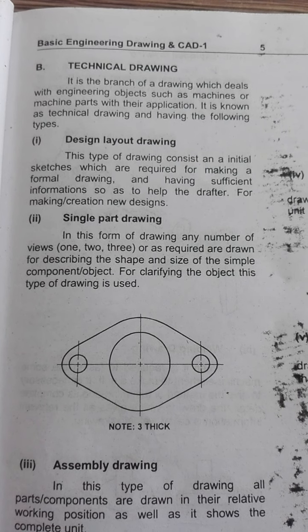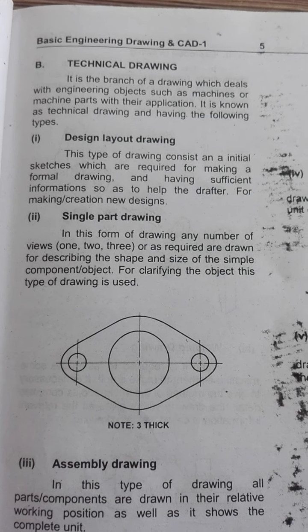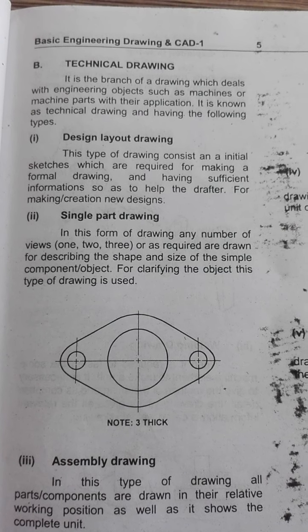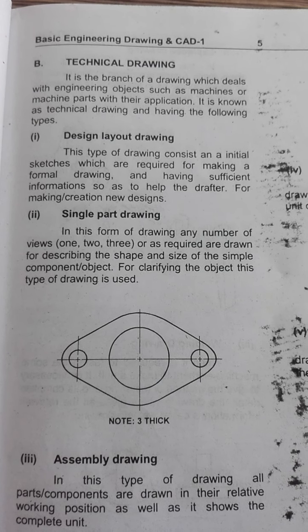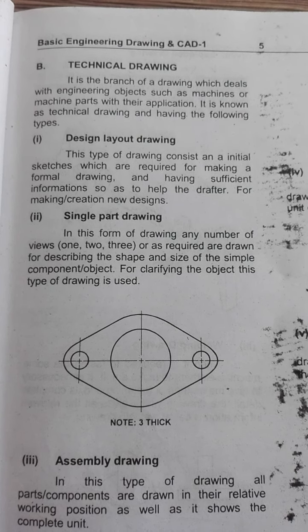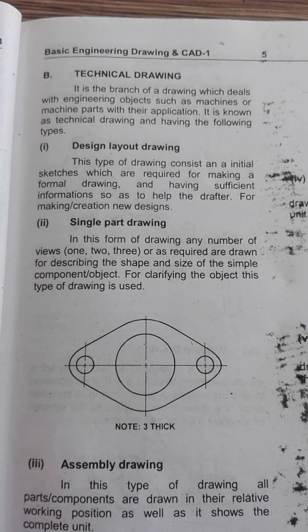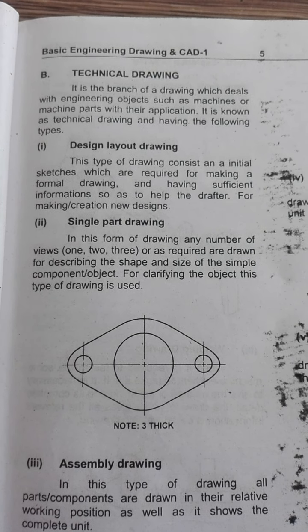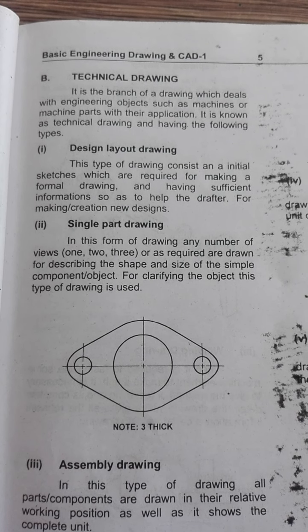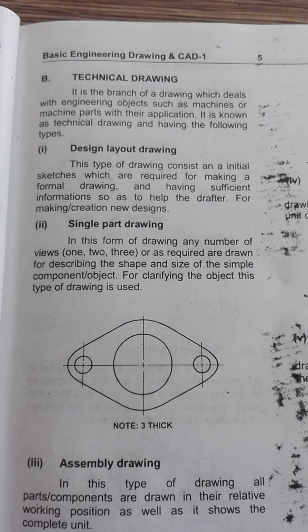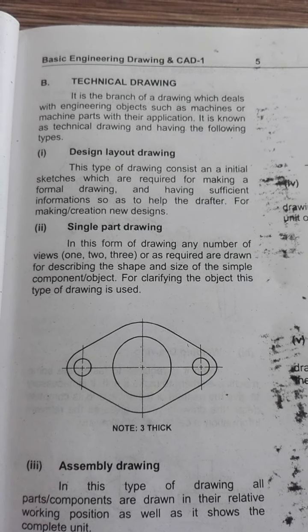After that, the second type of the technical drawing is single part drawing. In this form of drawing, any number of views, one or two or three, as required, are drawn for describing the shape and size of a simple component object. This type of drawing is used for clarifying the objects.